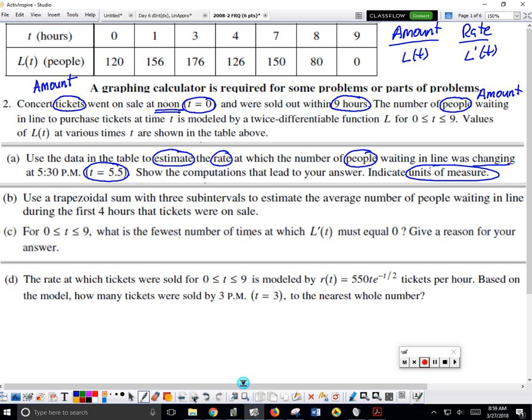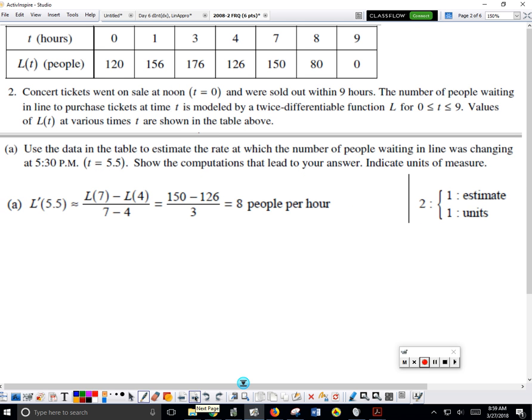So when I jump over here to estimate L prime, I basically just find the slope, or find the rate of change. So I go between this time and this time because 5.5 is in between.